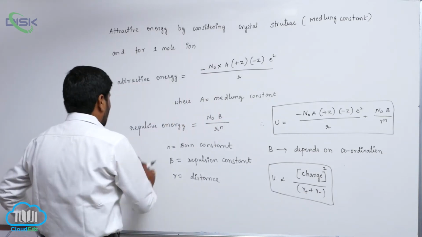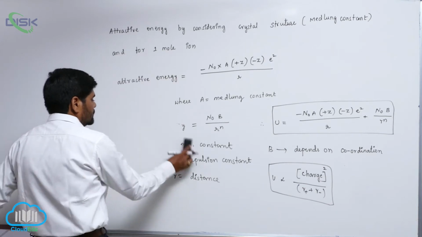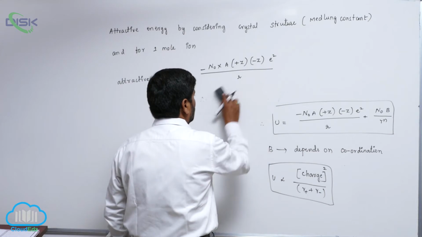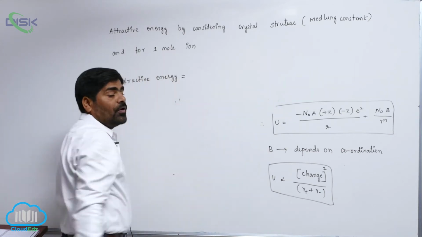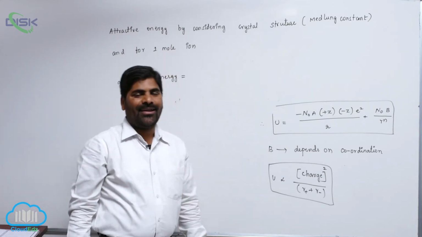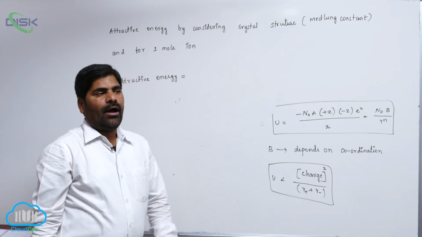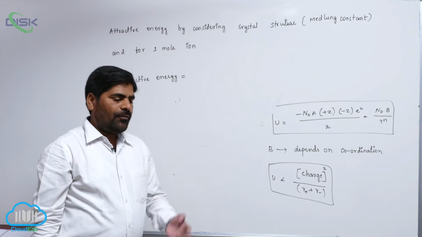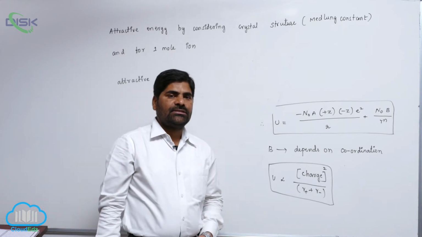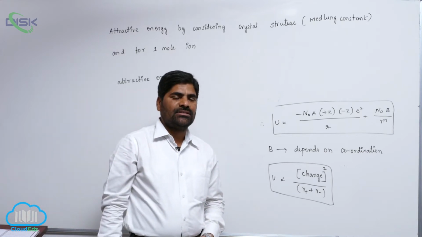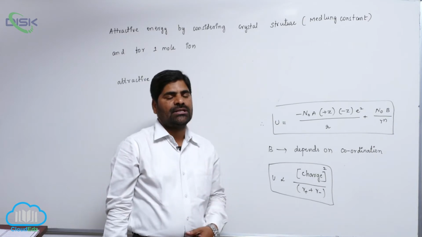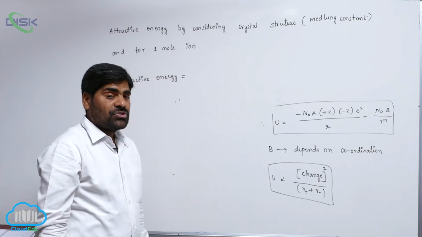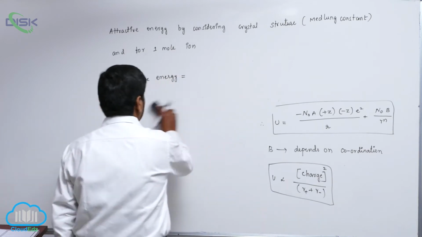Now, if lattice energy is more for an ionic crystal, ionic strength increases. If lattice energy increases, what happens to solubility? Solubility decreases.